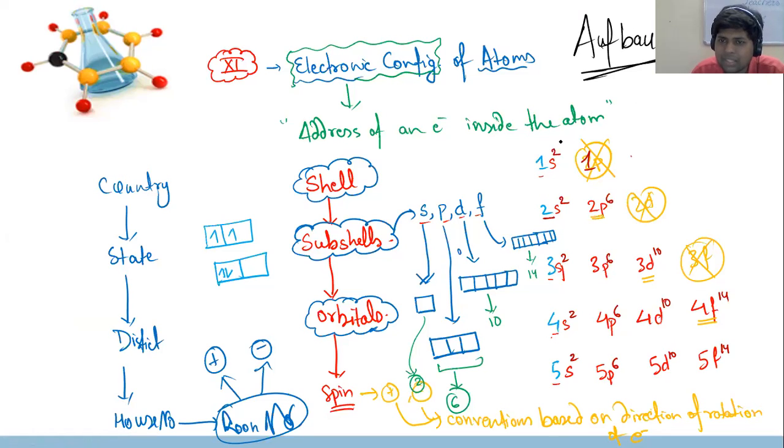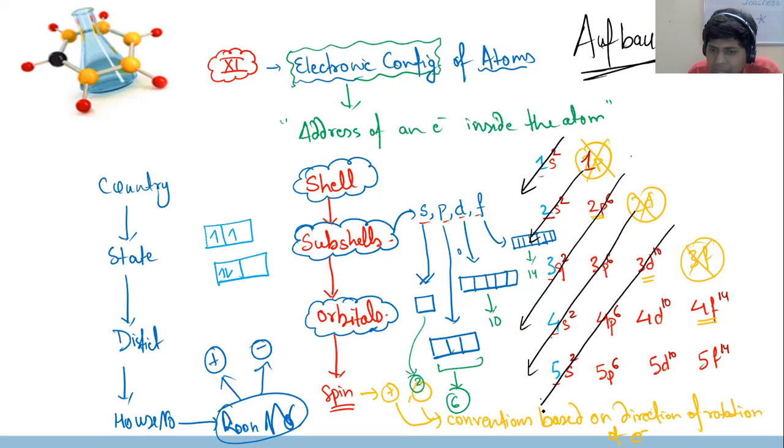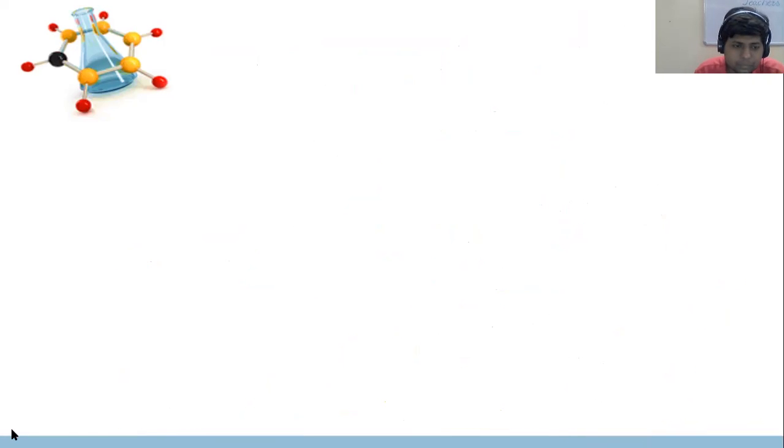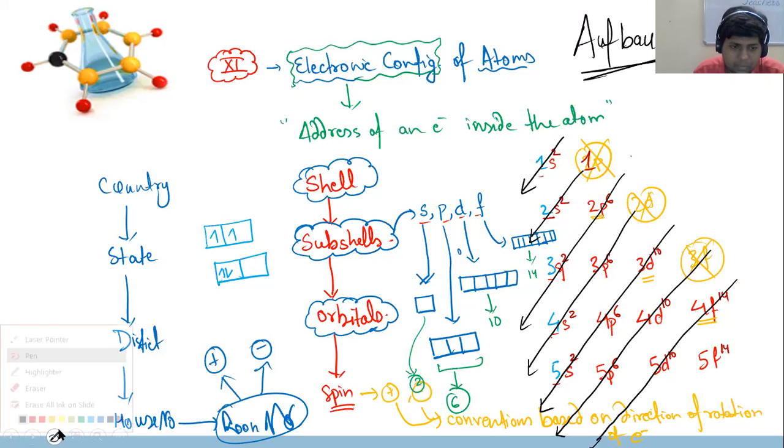This is how electrons are arranged: first 1s2, then 2s2, then 2p, then 3s, then 3p, then 4s, then 3d, then 4p, then 5s, then 4d, then 5p, 6s, then 4f, then 5d, 6p, 7s. Is it clear? Can you repeat one more time? It's very confusing.